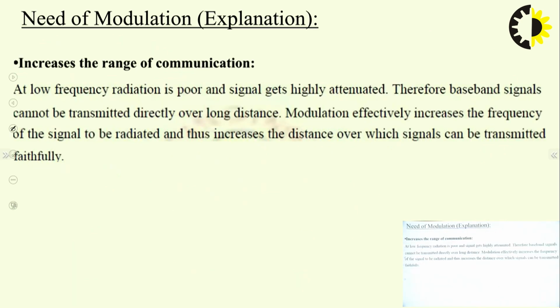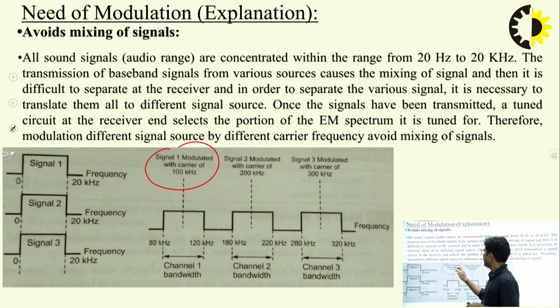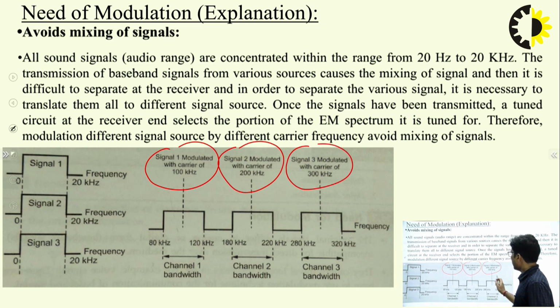Next, need of modulation: increases the range of communication, as we have already discussed in the starting slide, and avoids mixing of signals. Here you can see the signal frequency is the same in all the cases, and by using different carrier frequencies we can transmit these signals at different frequencies, so that these signals are not interfered with each other.